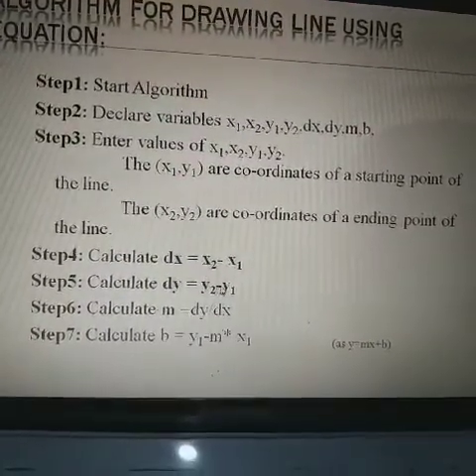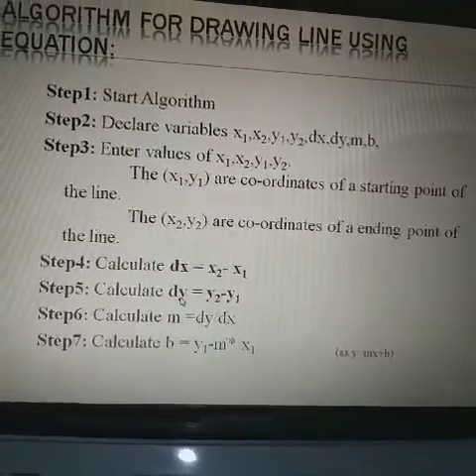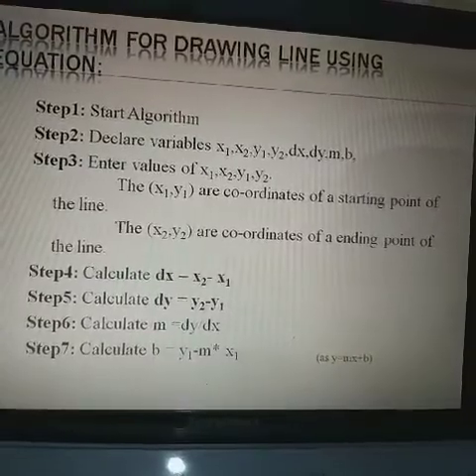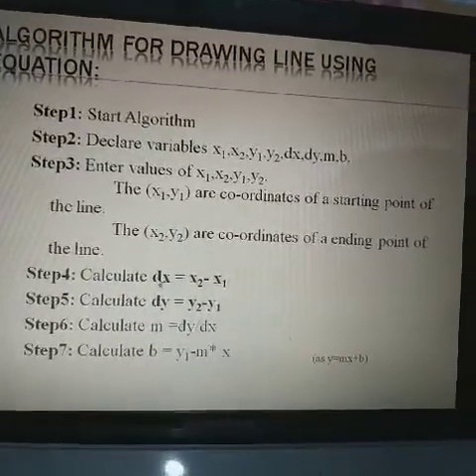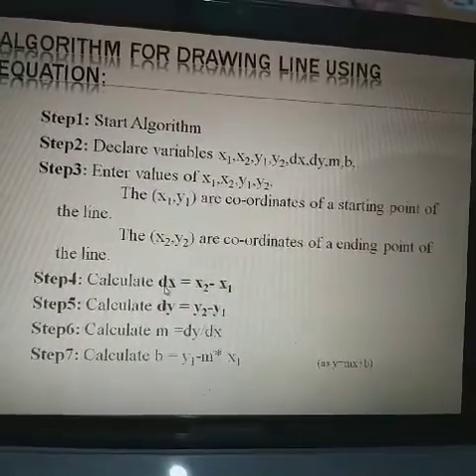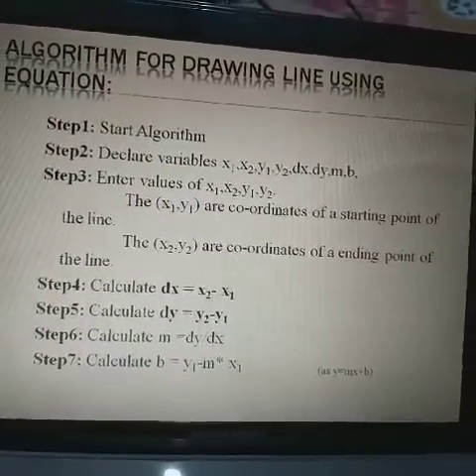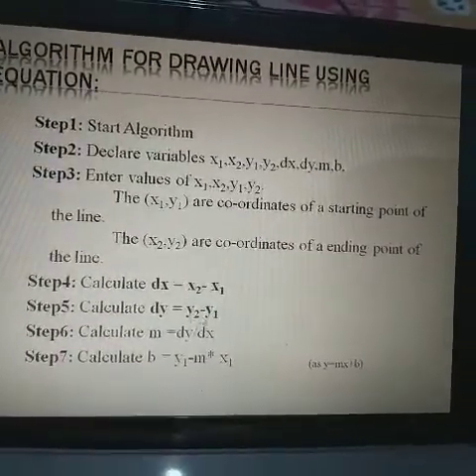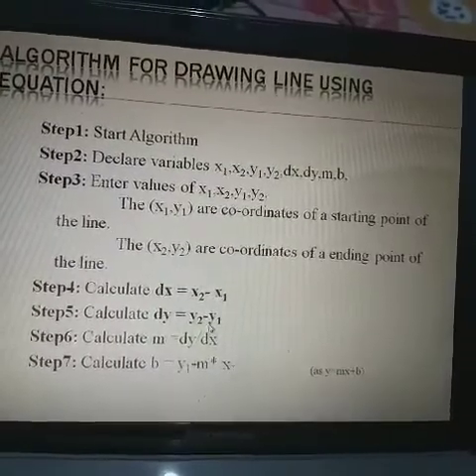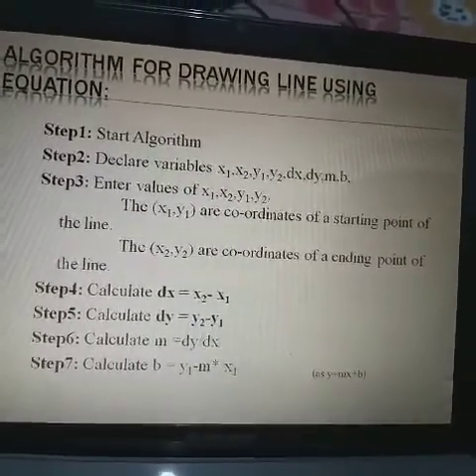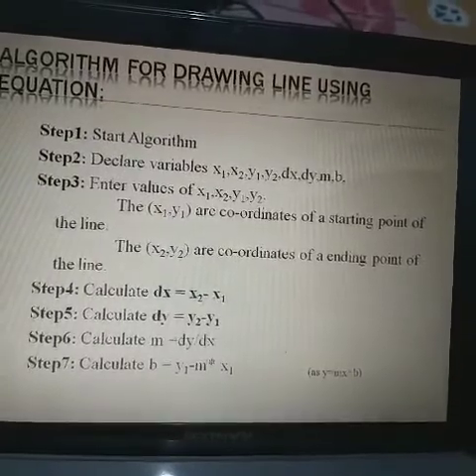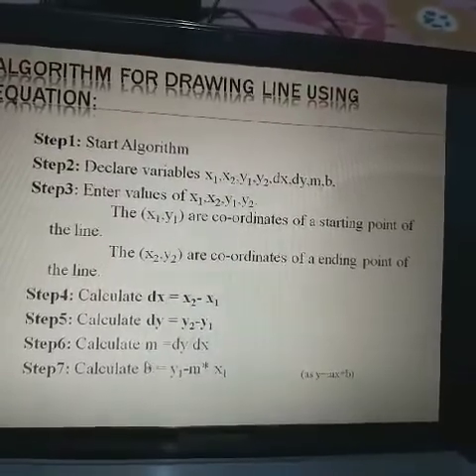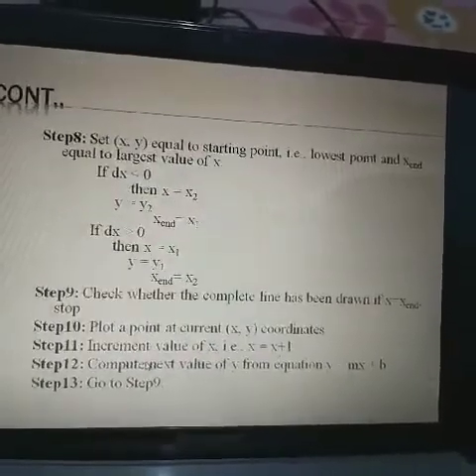That y2 minus y1 is also denoted as dy, that is the distance value of y, and x2 minus x1 is also denoted as dx, or delta x. The same thing for dy: dy equals y2 minus y1, delta y. So we can also write m equals dy divided by dx. Clear? Then what we did is find out the value of b, as we did in the previous example.